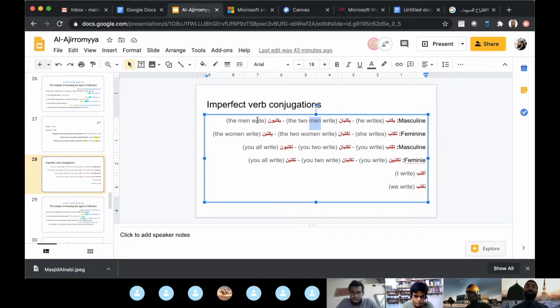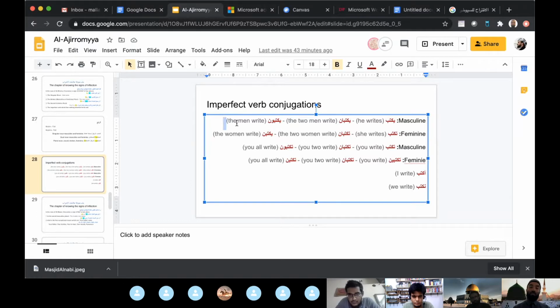Yaktubuna means the men write, meaning the men collectively as a group. This form is for 1 person. This form is for 2 people, and this form is for 3 men, 3 people or more, obviously. And they're all for the 3rd person.